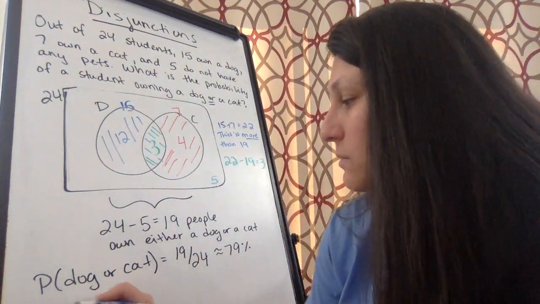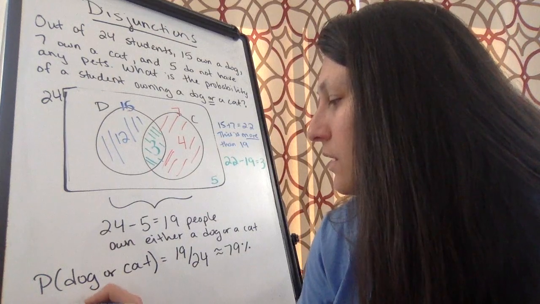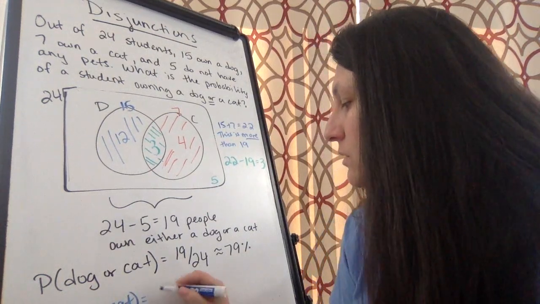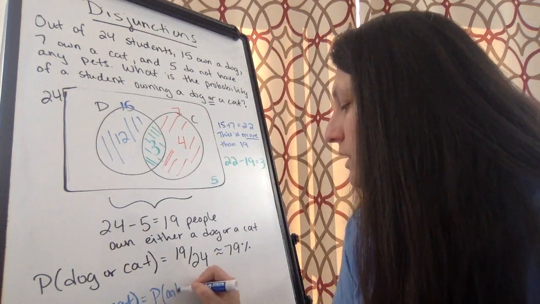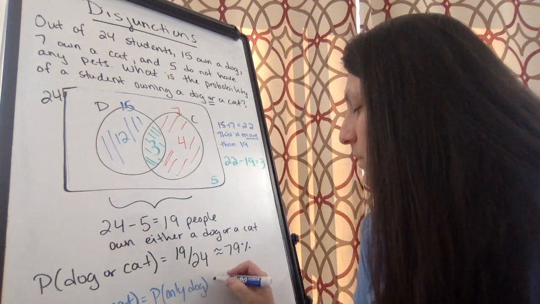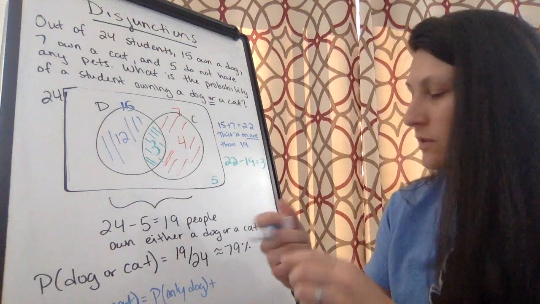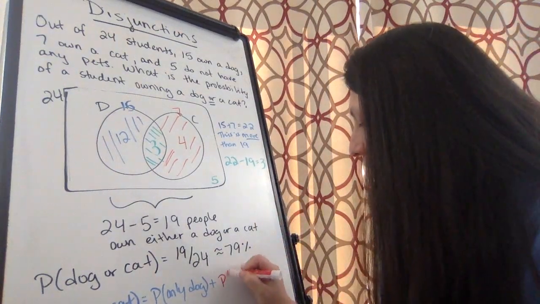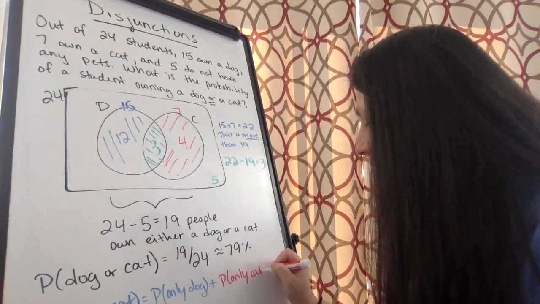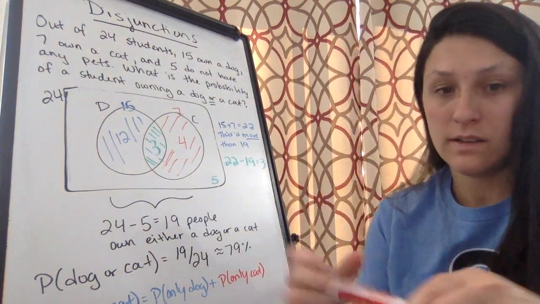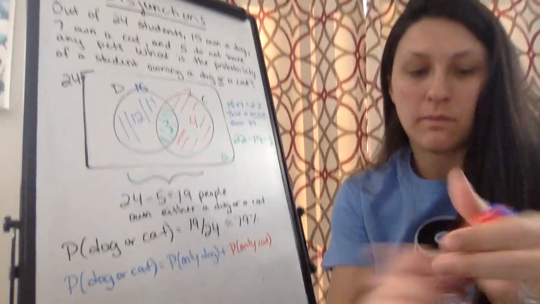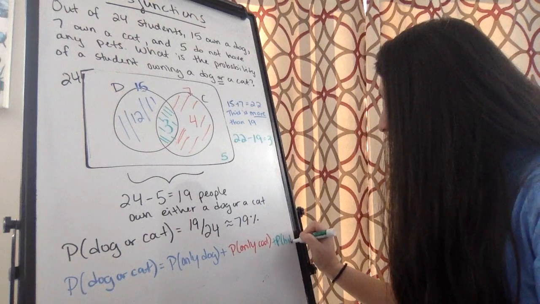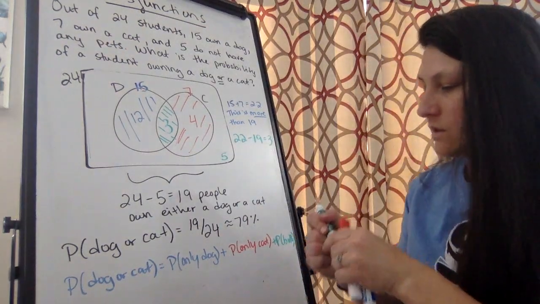So there's 12 people who, let's put probability of dog or cat again, equals the probability of only dog plus, I'll put them all in their respective colors, the probability of only cat plus, in green, the probability of both. Okay, so here we go.